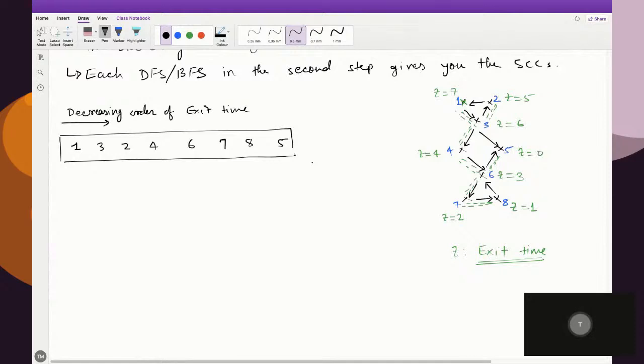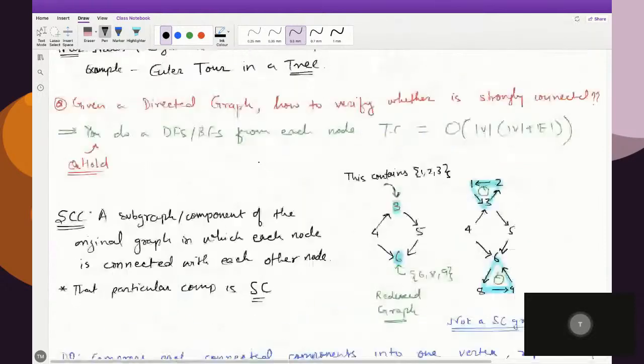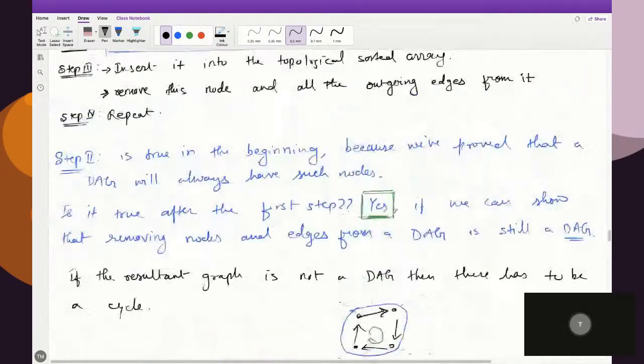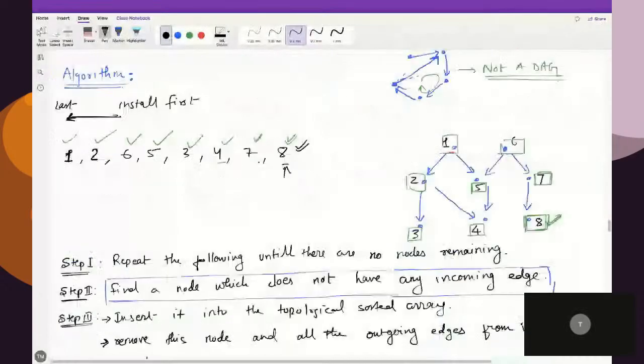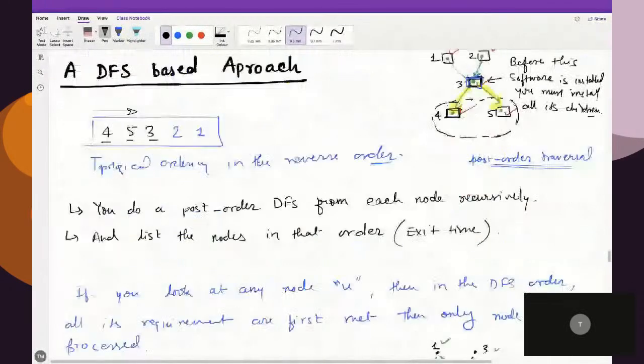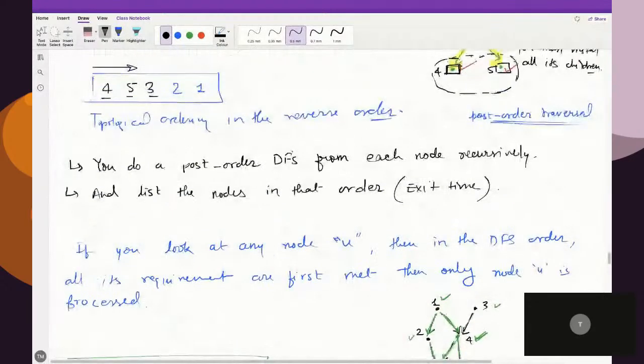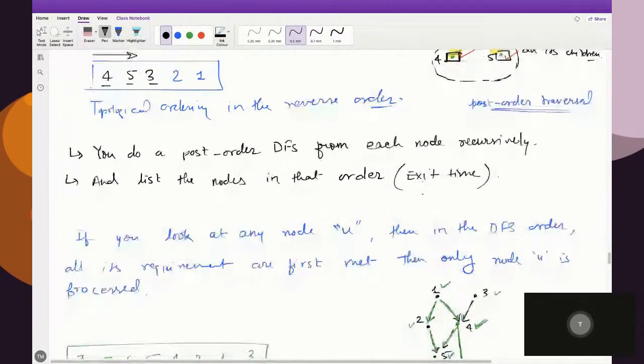Now can you see that if this were a DAG, then in a DAG, if you order the nodes according to exit time, that is called topological sorting. Do you remember that? We had discussed this.